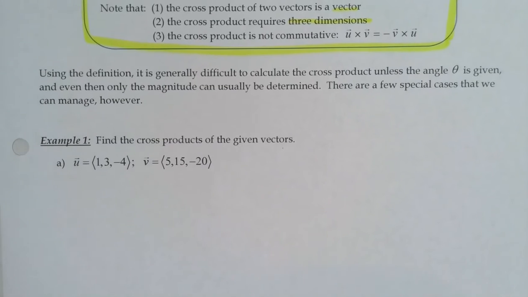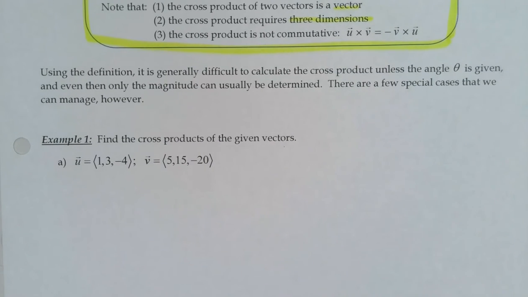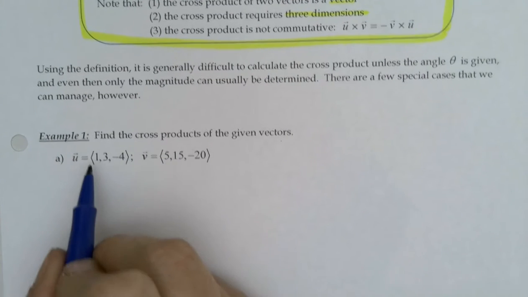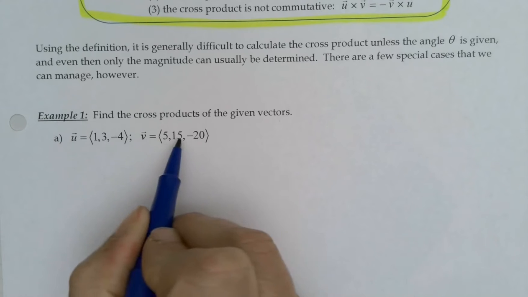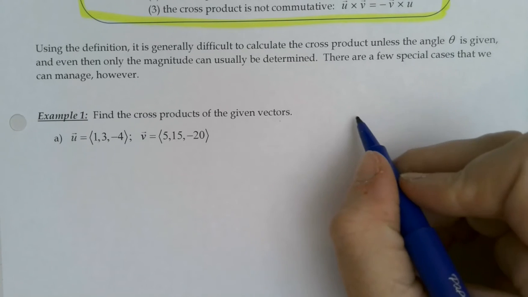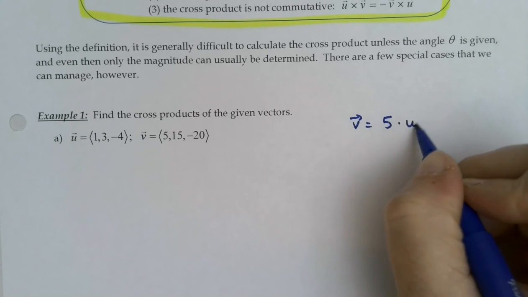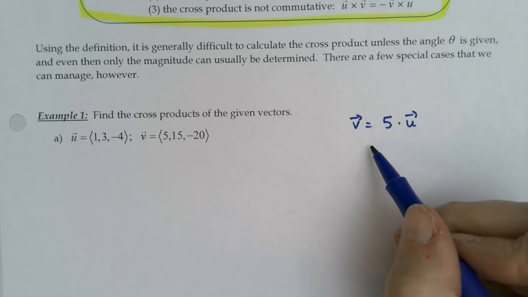So let's start with the first one. We have a u and we have a v, so we want to find u cross v. Now just take a note of these two right here. Interesting, huh? Okay, so notice that v is equal to 5 times u. It's a scalar multiple.